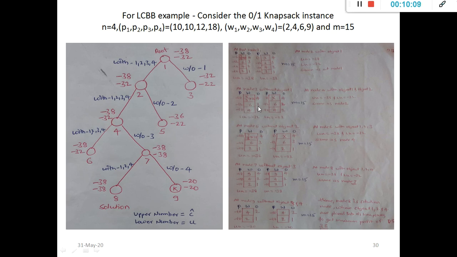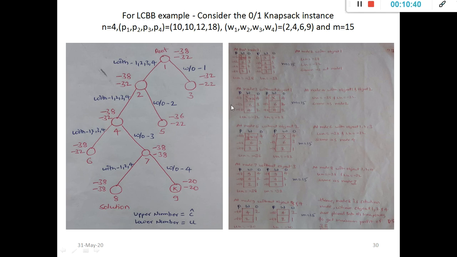Next you have to place object 3 into the knapsack, its weight is 6 and you will get the profit as minus 12. Then the remaining space is 6 plus 4, it is 10. When you place object 4 into the knapsack, the remaining space available is 5, that's why 5 divided by 9 into 18 and you will get the fraction as minus 10.